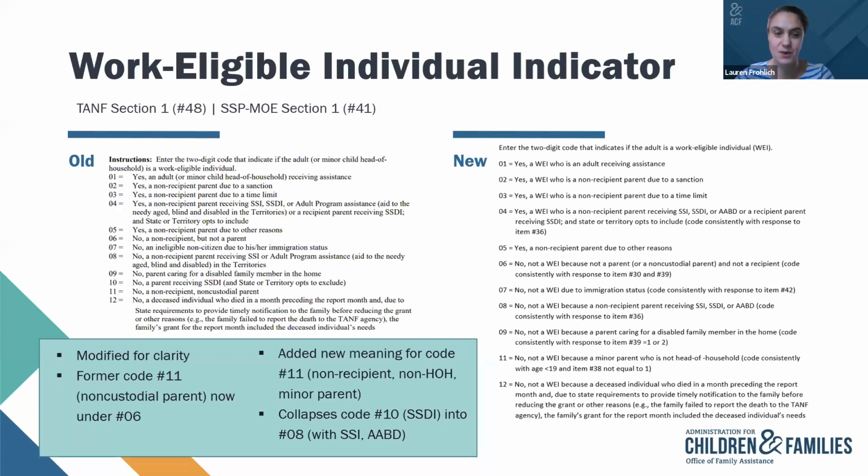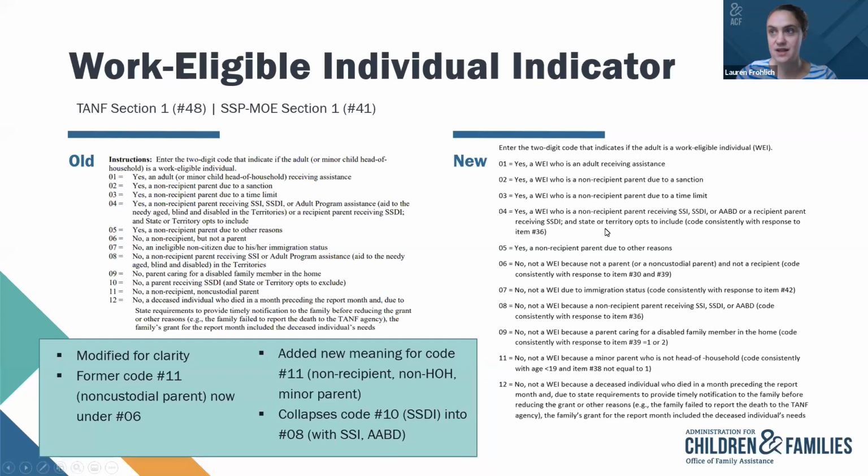Again, this is where we're getting pretty technical, but just wanted to call out where there are these sometimes subtle but important differences. We also collapsed code 10, a parent receiving SSDI, into code 8, which is a non-recipient parent also receiving SSI or AABD. So that's the work eligible individual indicator.